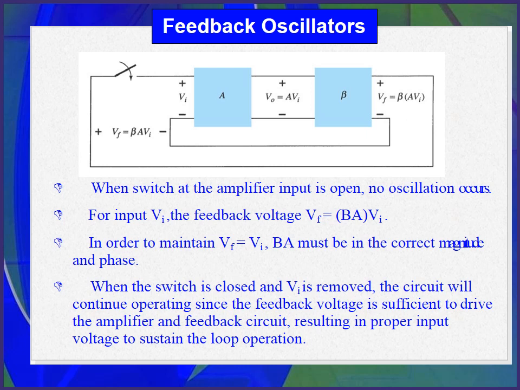For example, if the attenuation of the feedback circuit is 0.01, the amplifier must have a gain of exactly 100 to overcome this attenuation and not create unacceptable distortion. So 100 times 0.01 gives a unity value of 1. An amplifier gain of greater than 100 will cause the oscillator to limit both peaks of the waveform.